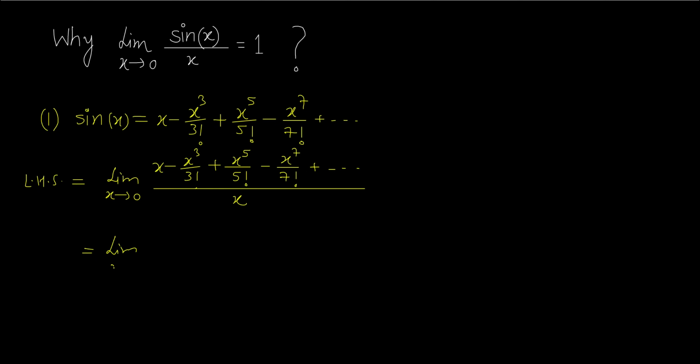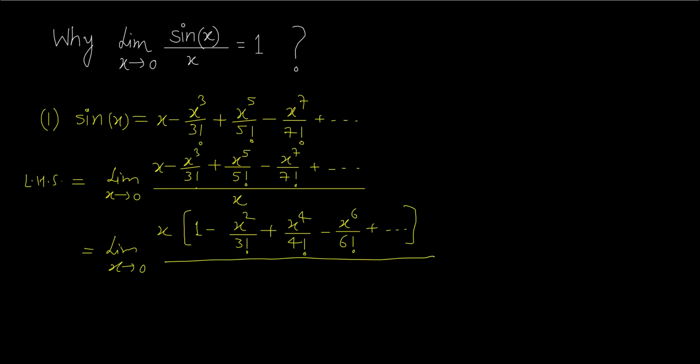Now we can take x common from the numerator, and the remaining terms will be 1 minus x square upon factorial 3 plus x to the power 4 upon factorial 5 minus x to the power 6 upon factorial 7 plus and so on, and this whole thing divided by x.